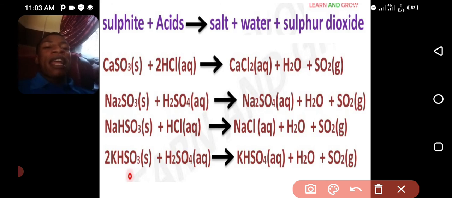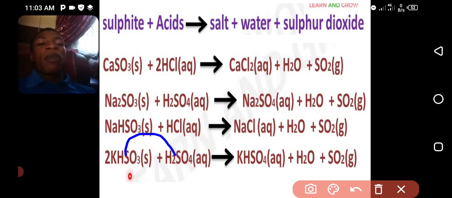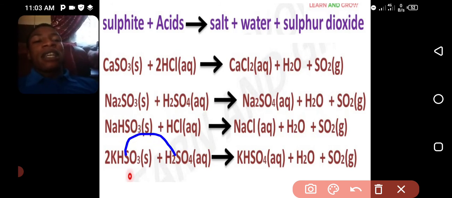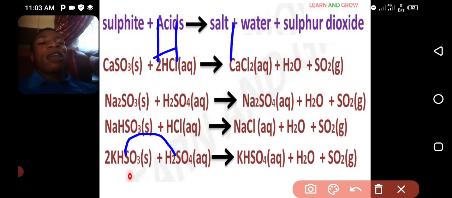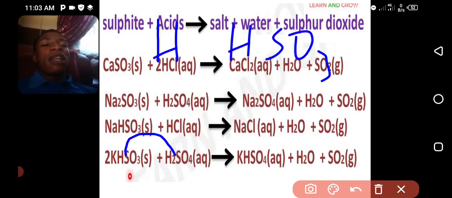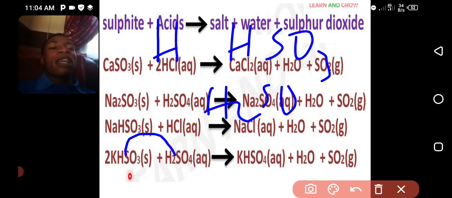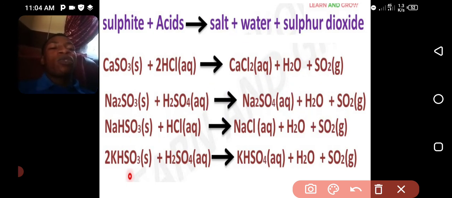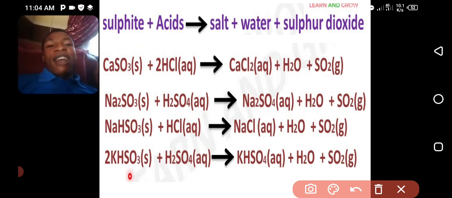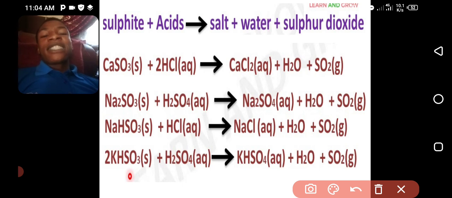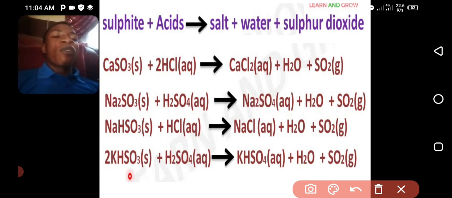Plus H picking up HSO3. That will give us H2SO3. What would that give us now? Water and SO2. So that is how we have that. That's the reaction of acid with trioxosulphate(IV) salt.